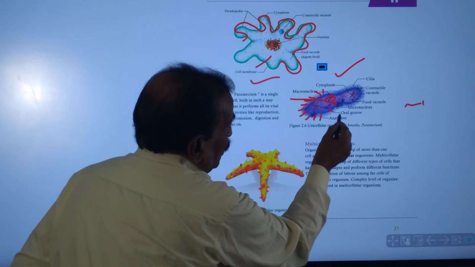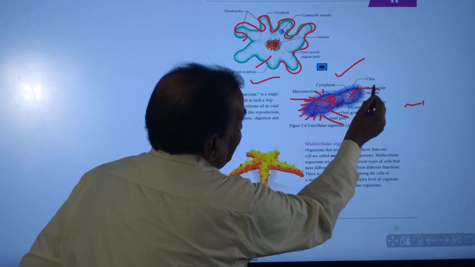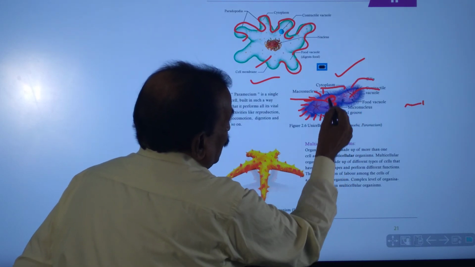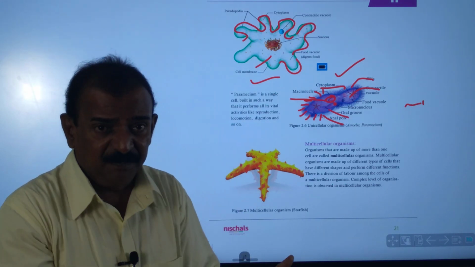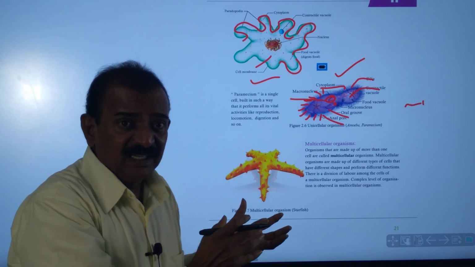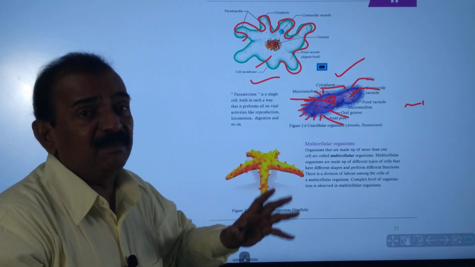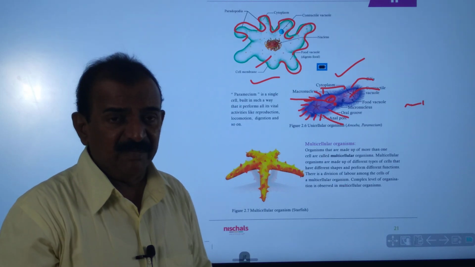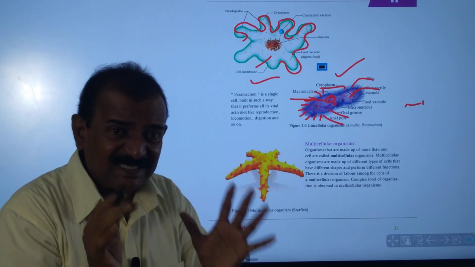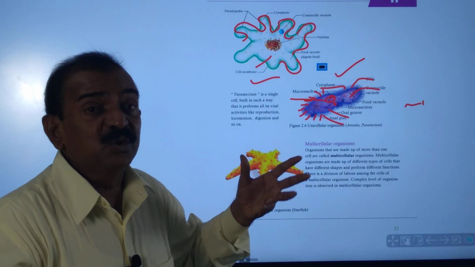It consists of an oral groove, anal pore, contractile vacuoles, cilia, and cytoplasm, and other cell organelles are there. It is a eukaryote, consisting of a macronucleus and a micronucleus surrounded by a nuclear membrane, and it has only one cell. It is also an example of a unicellular organism.